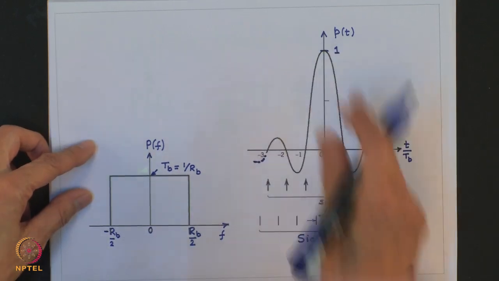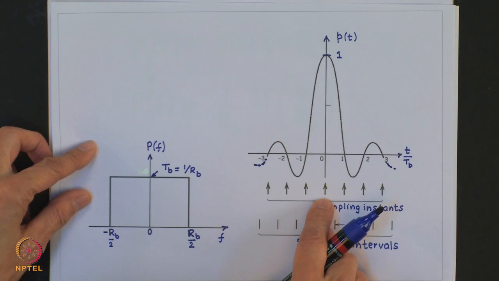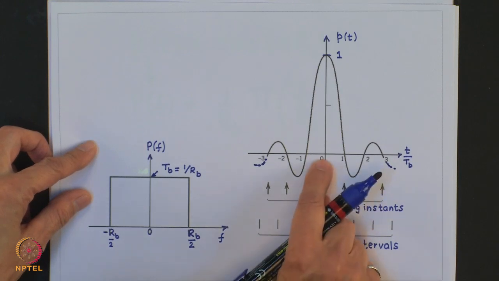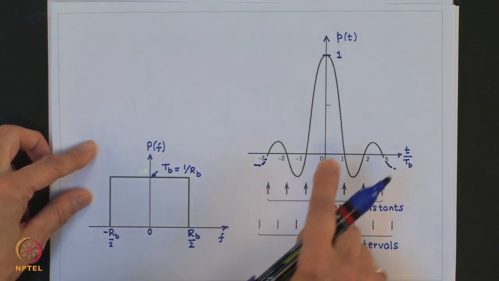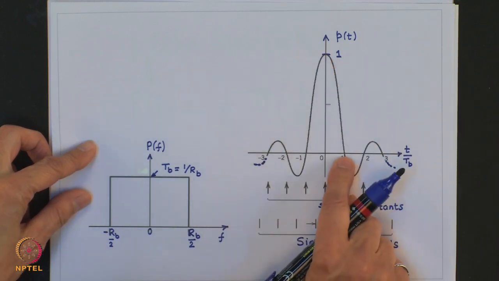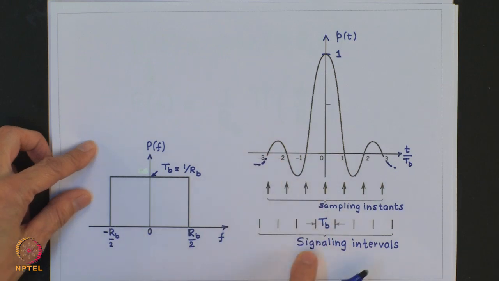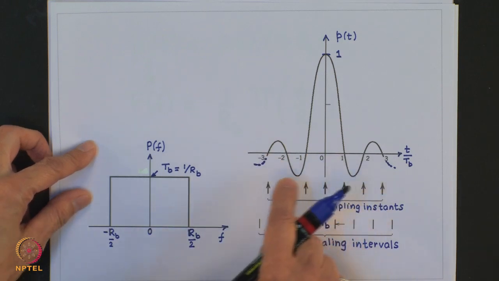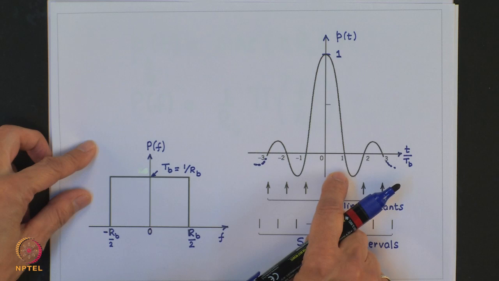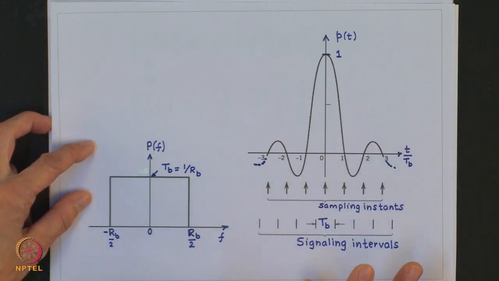So if you choose this, then we see that only at t equal to 0 you get the value equal to 1, whereas at all other sampling instances the contribution from this pulse would be equal to 0.